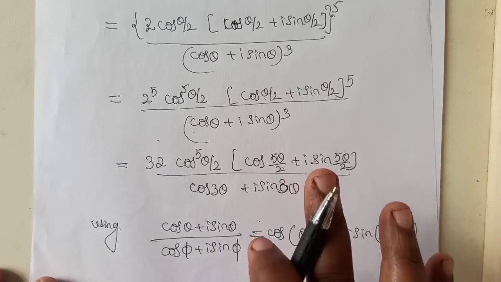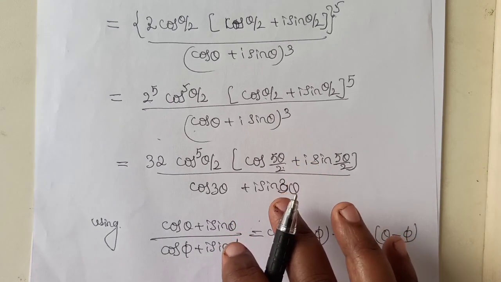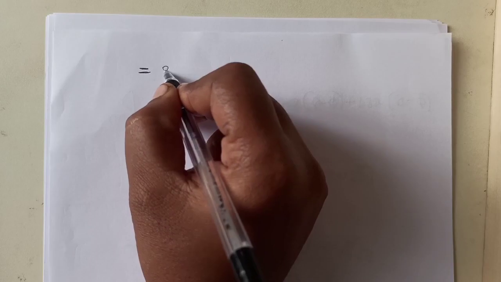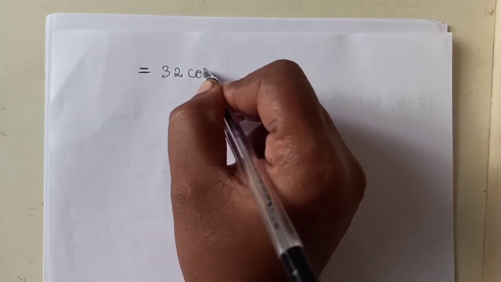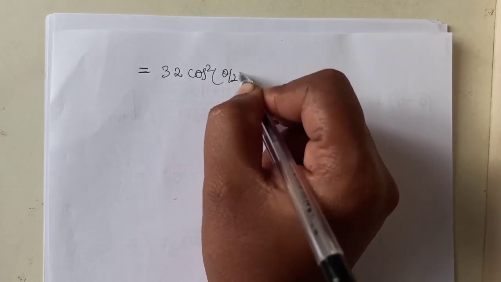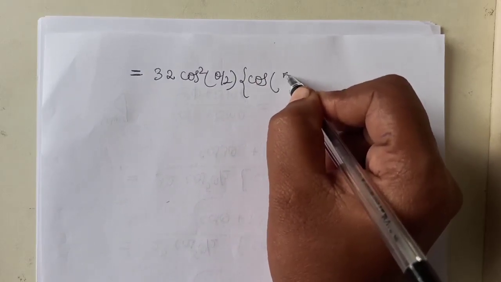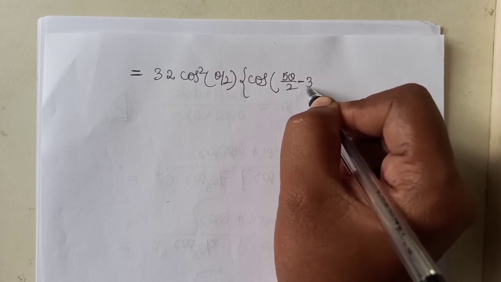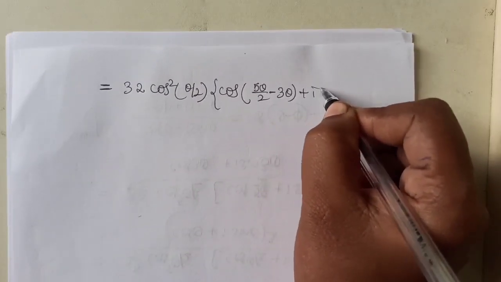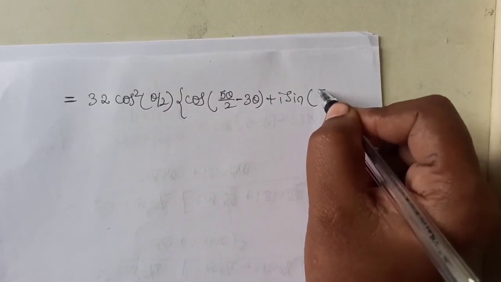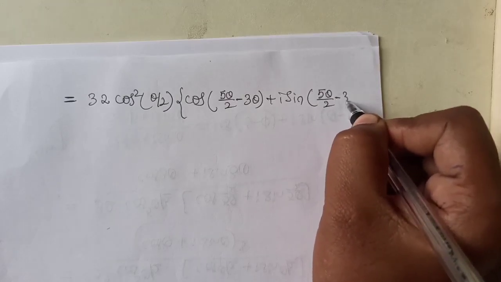Using this formula, this can be written as 32 cos^5(θ/2) times [cos(5θ/2 − 3θ) + i sin(5θ/2 − 3θ)].